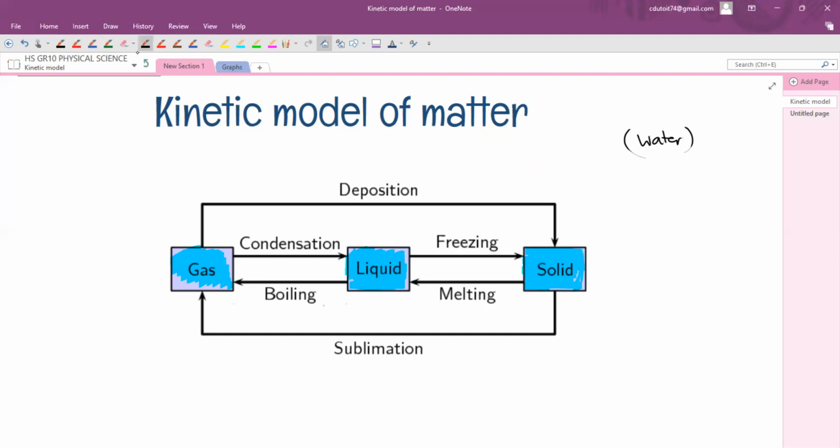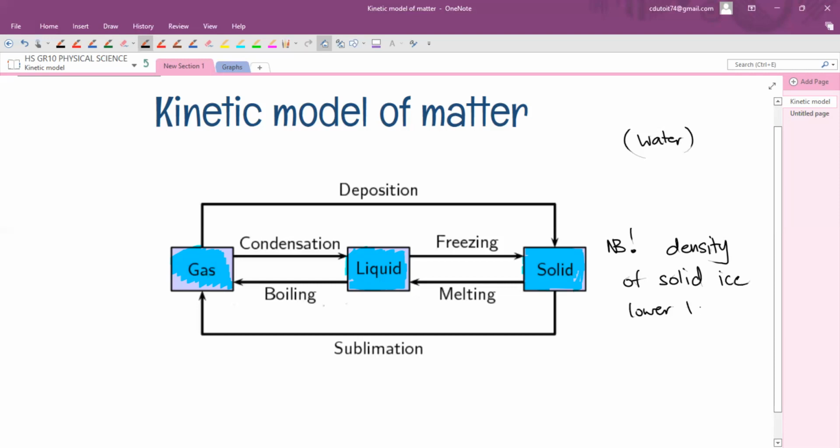What is important is that you must also be able to explain why the density of solid water, in other words ice, is lower than the liquid form. Your textbooks can explain that to you. Very important.